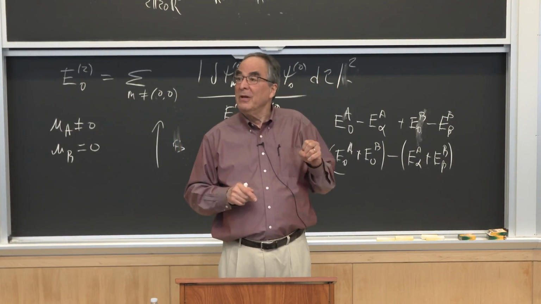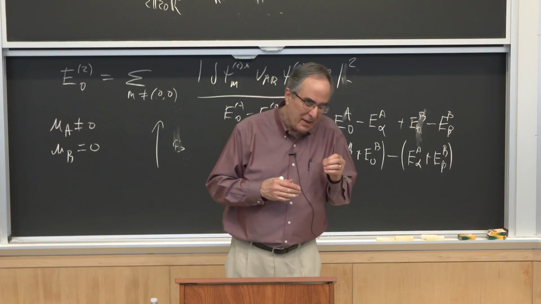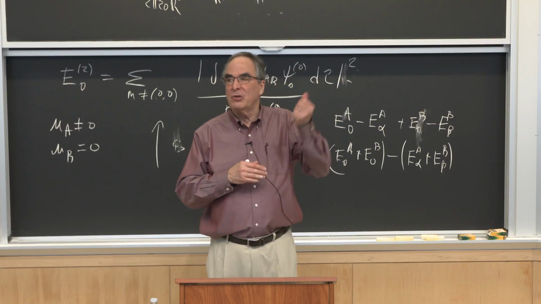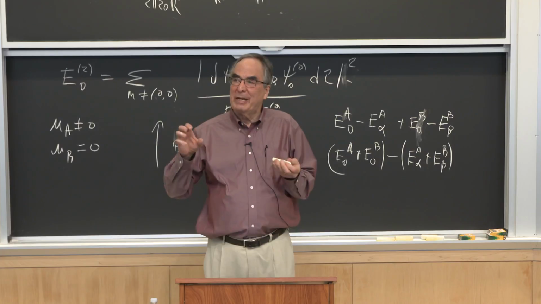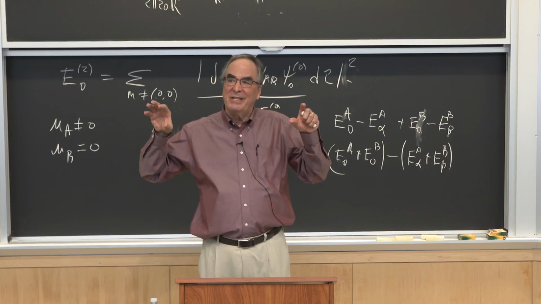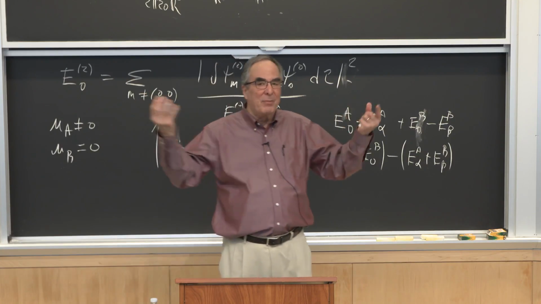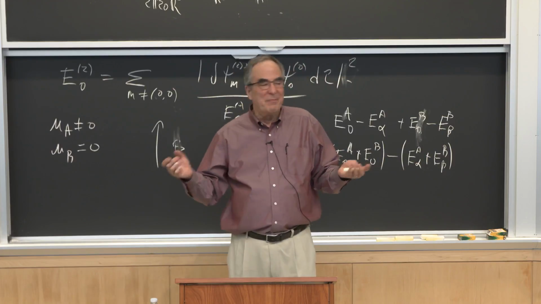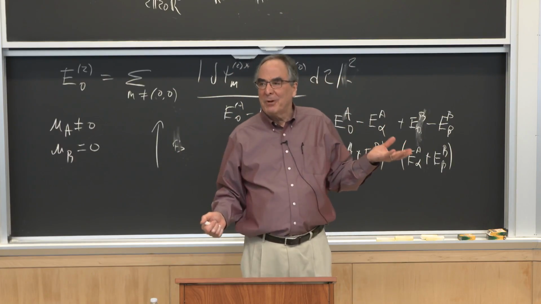You get an instantaneous fluctuation on one particle, which creates an instantaneous fluctuation on the other particle, and bam, you've got stabilization. Well, yeah, maybe, but this is just simple perturbation theory.